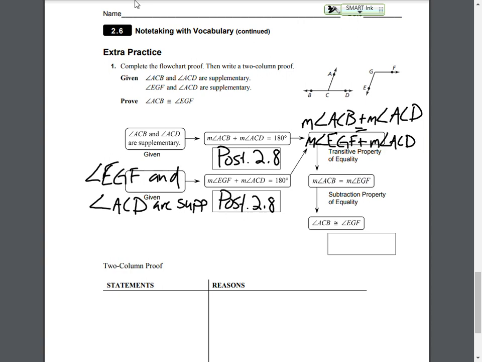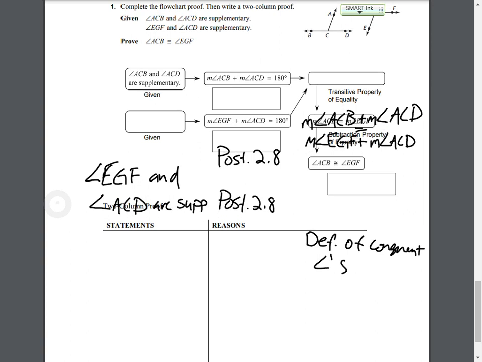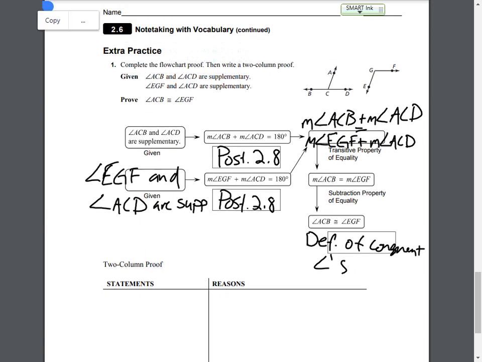Think about that. What's the definition of congruent angles, right? Definition of congruent angles. Down here, I want you guys to do the two-column proof. Practice it. See where you get. Okay. Thanks.